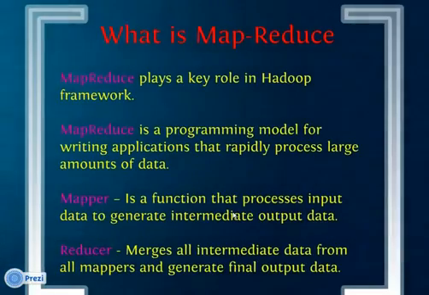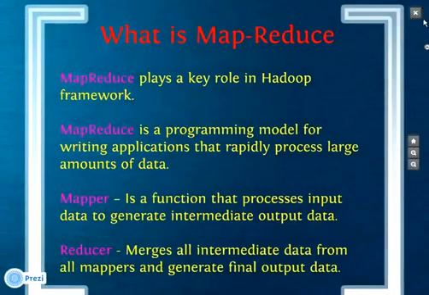We are proceeding now to the next part of Hadoop, that is MapReduce. As we discussed previously, MapReduce is the processing part of Hadoop, and it plays a key role in the Hadoop framework. Why is it playing a key role? Because storage is not a big deal.